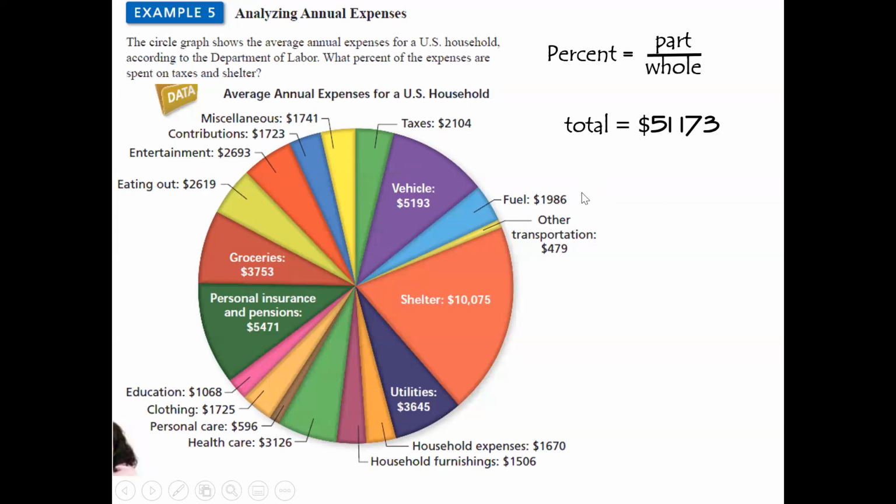Okay. So now all we're looking for is the percent of expenses of tax and shelter. So what is tax? Here's tax. Tax is 2,104 and shelter is 10,075. You see what I did? And divided by the total.